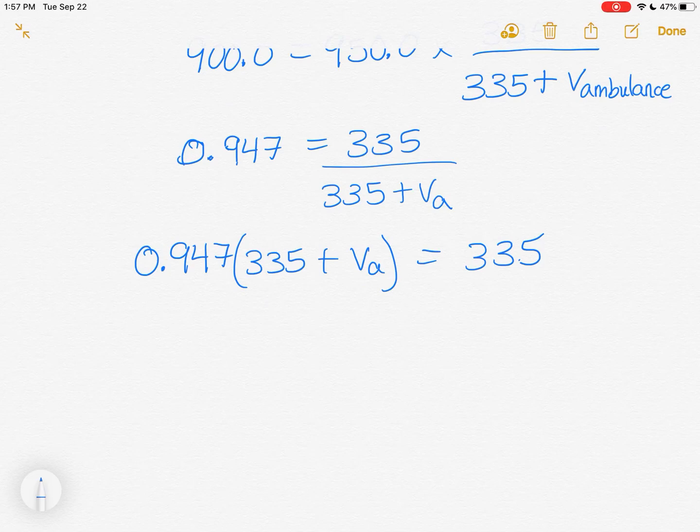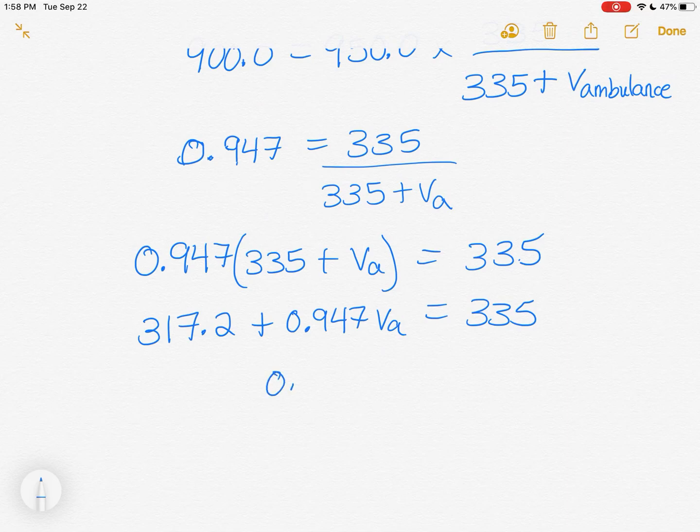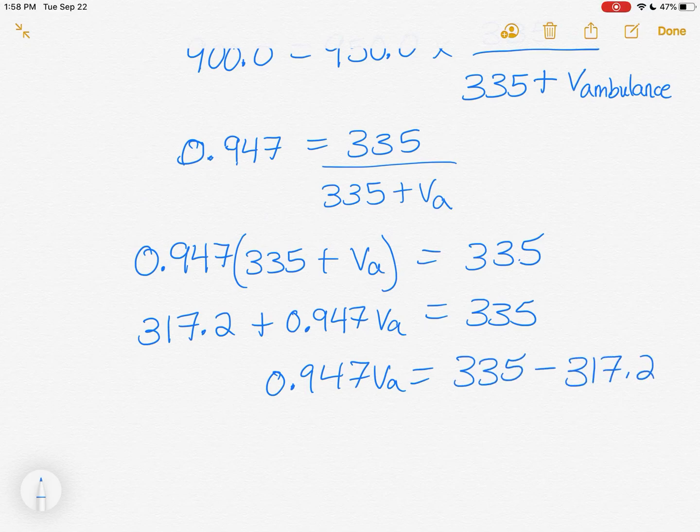Then we're going to have to distribute through those brackets. So 0.947 times 335 is 317.2. Plus now we'll have 0.947 VA is equal to 335. So we're going to move our 317 to the other side, so it's going to be subtracted.